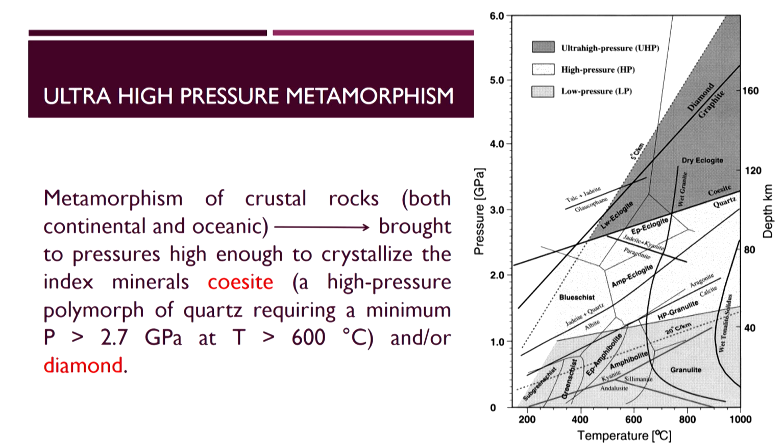So, metamorphism of crustal rocks, both the continental part and the oceanic part, when they subduct to depths greater than 100 kilometers and are able to crystallize coesite as the index mineral, then you know that we have reached UHP levels. This is typically what we use to understand the subduction and exhumation history of our rocks.